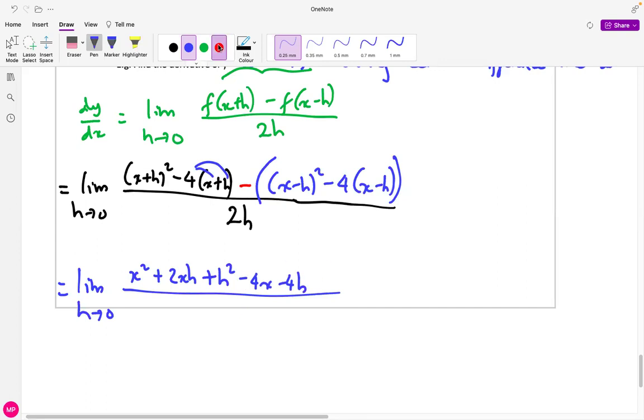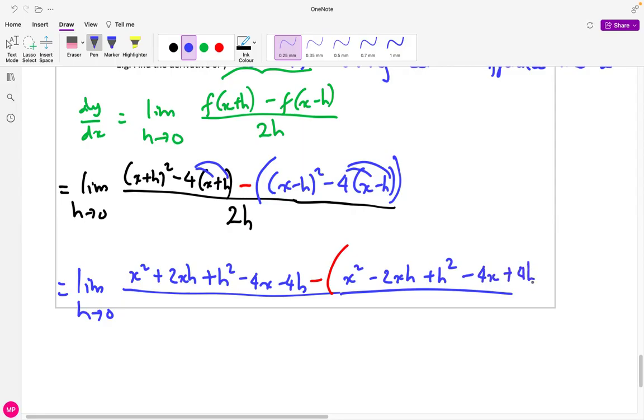Then you do minus, and I do the whole thing inside. So x minus h squared will be x squared minus 2xh plus h squared. And then you expand this out as minus 4x plus 4h, and then close bracket, over 2h.